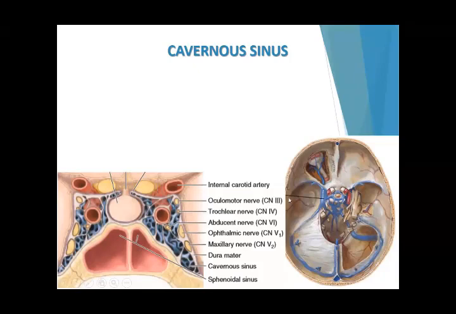Posteriorly, posterolaterally and posteriorly you have the transverse sinus lying in the attached margin of tentorium. ठीक है. और आप ये भी देख लीजिए, transverse sinus lying in the attached margin.